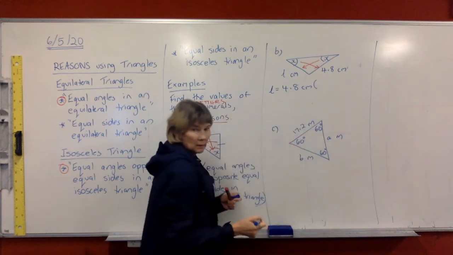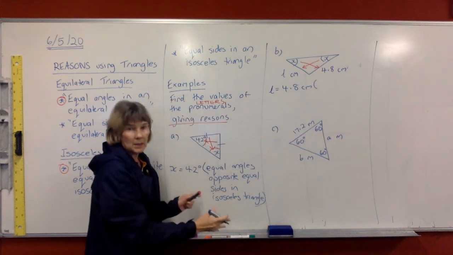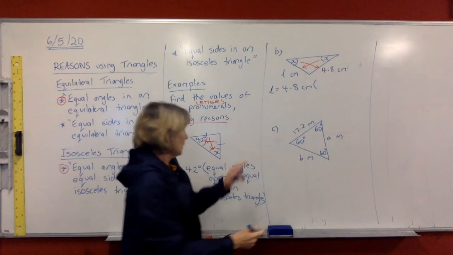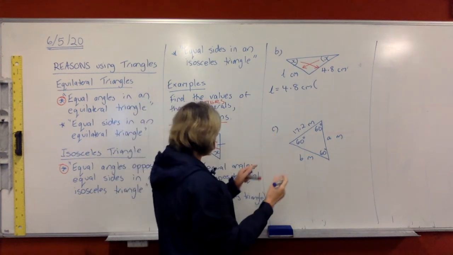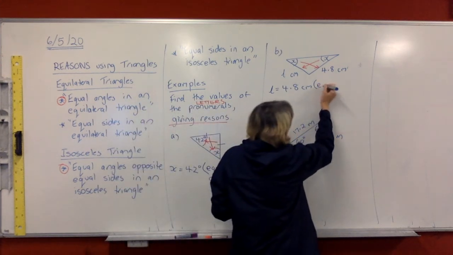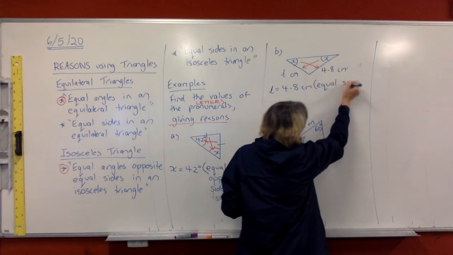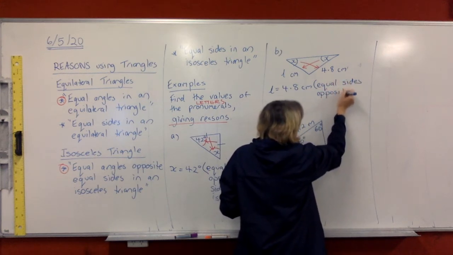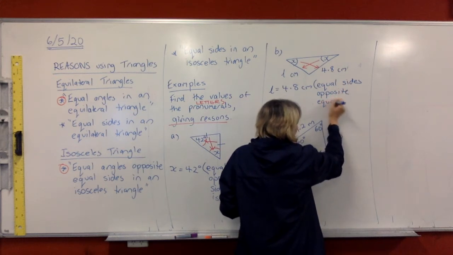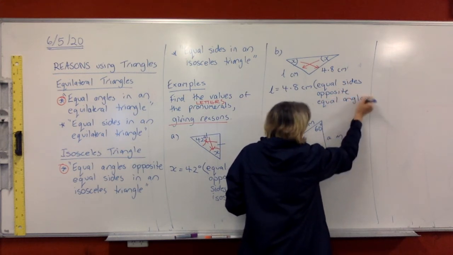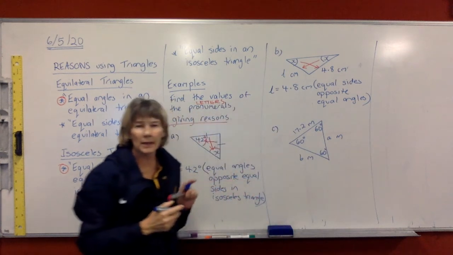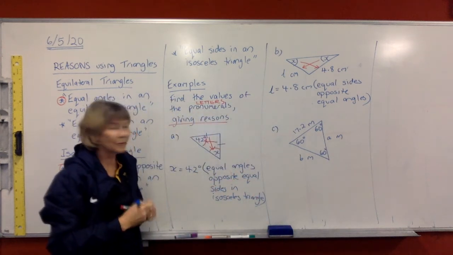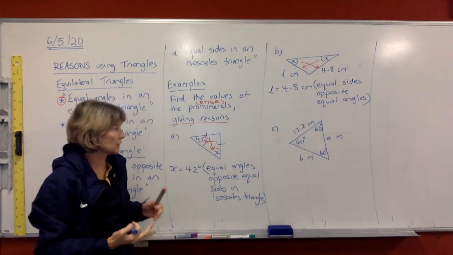And the reason, you've got to be careful not to write it the same way as this one. Now we're talking about what we're actually doing with the sides. So we're going to write equal sides are opposite equal angles. You don't have to write it's in an isosceles triangle there because the definition of an isosceles triangle is just that the sides are equal.